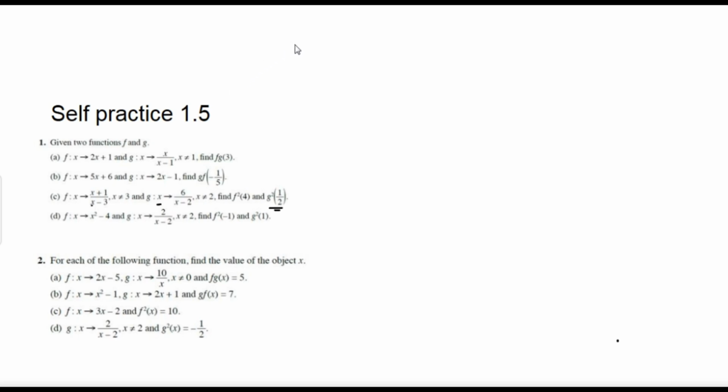Basically, self-practice 1.5 consists of two types of problems. The first type, they give you the object. Let's say the object is x. Then you are required to find the corresponding image. The image is fg(x).